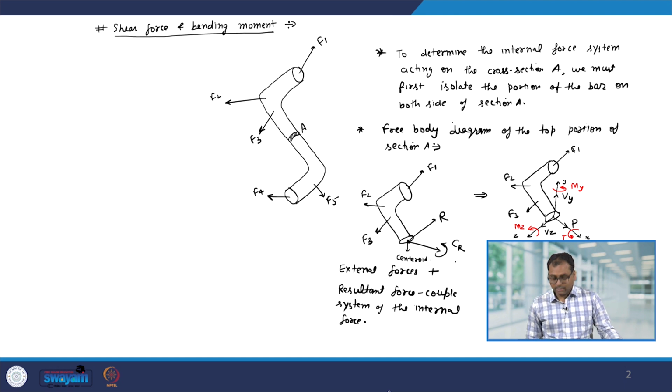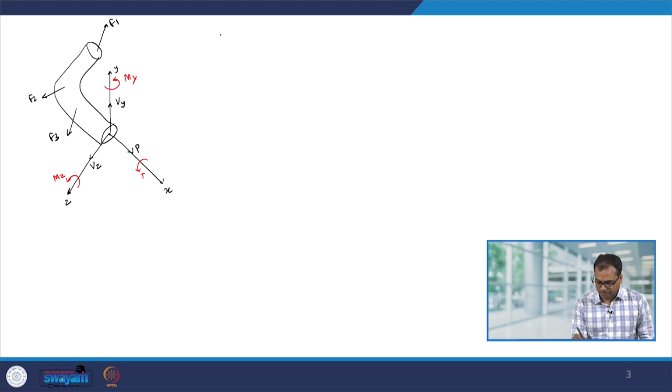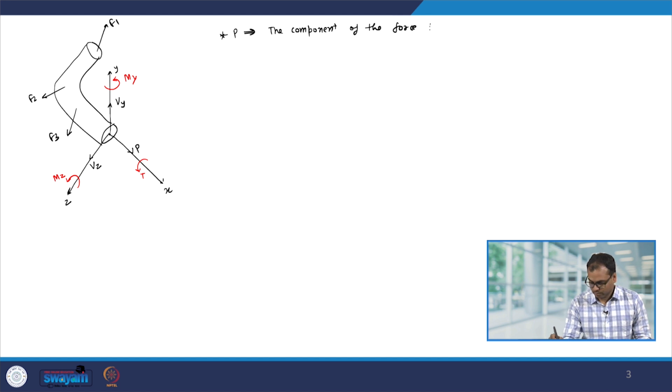Now, let us look at the physical interpretation of this P, T, Vy, My and Vz, Mz. Let us first look at what is P. P is the component of the force that is perpendicular to the cross section.